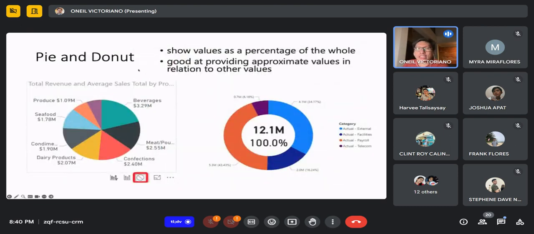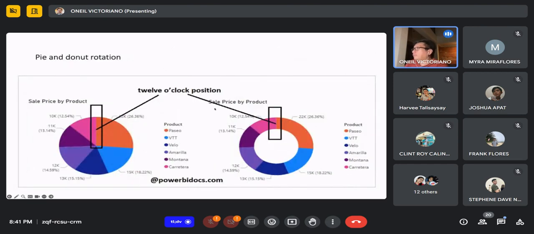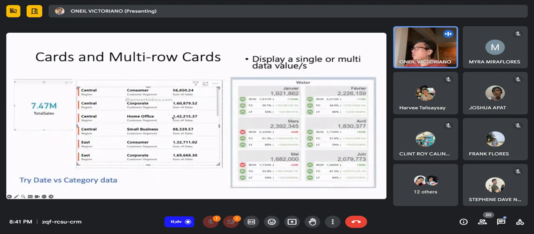So proportion visualization is good for pie or donut. So a percentage of a whole. So donut type or pie. So also there would be cards and multi-row cards. These are used for summarization.